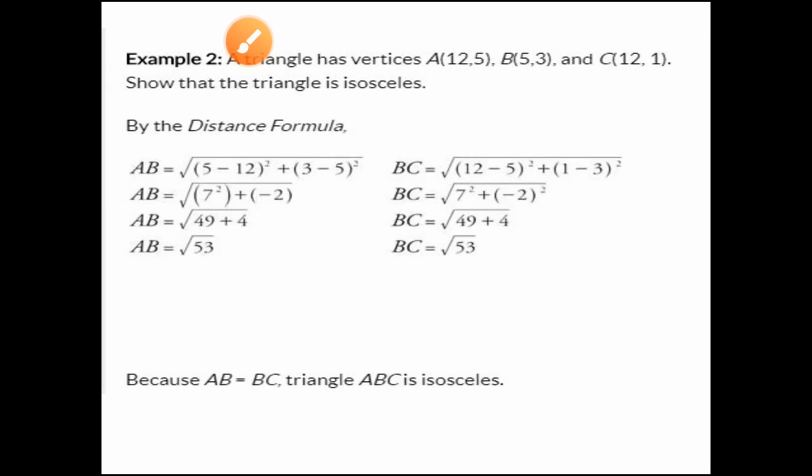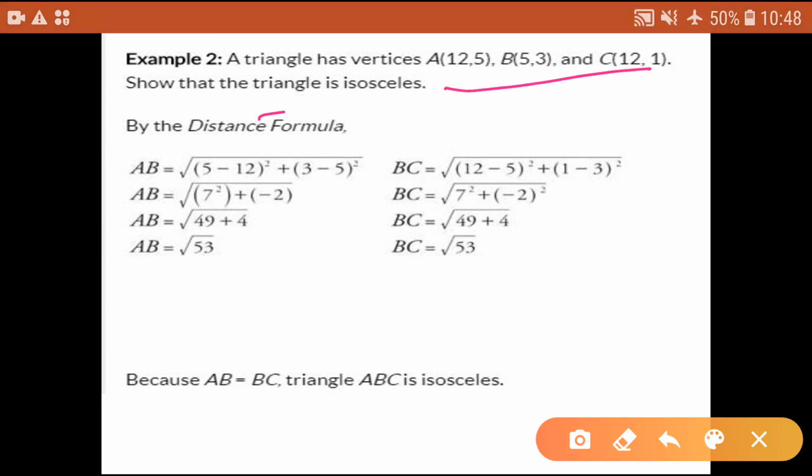Now moving on, you have to show that a triangle with the given vertices is isosceles. From the knowledge of geometry, we know that a triangle will be isosceles if any two sides are equal. So you will have to find out all the three sides, AB, BC and AC, and see whether they are equal.